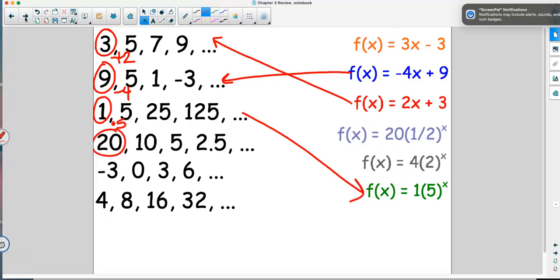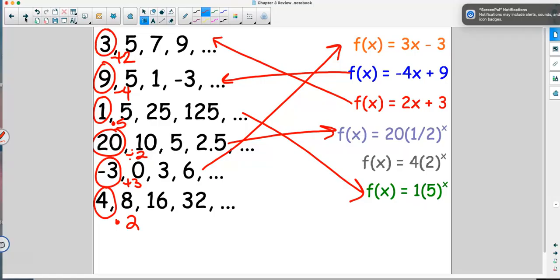This one starts at 20 and divides by 2, which we know looks like multiplying by 1/2. This one starts at -3 and goes up by 3. And the final one starts at 4 and multiplies by 2, which is this one.